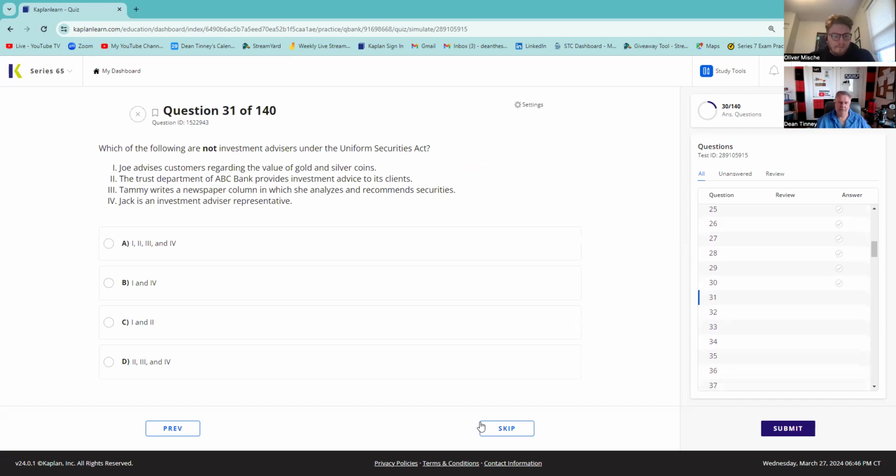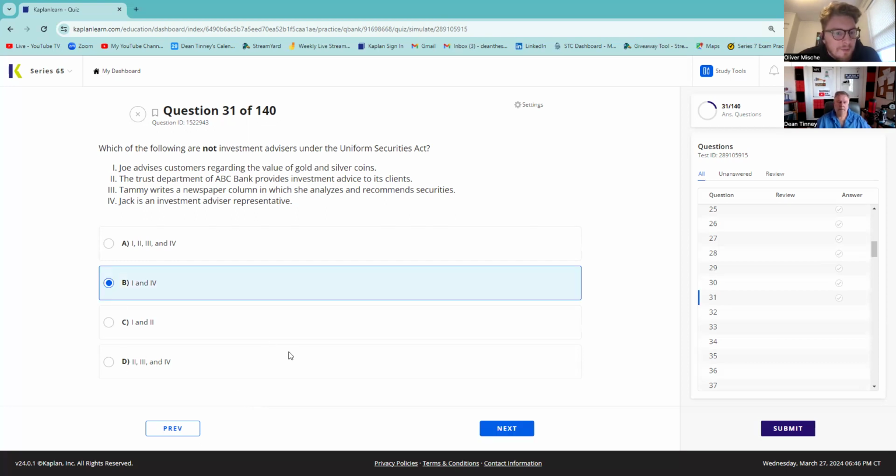Which of them are not investment advisors under the Uniform Securities Act? It's going to be B. You missed it.